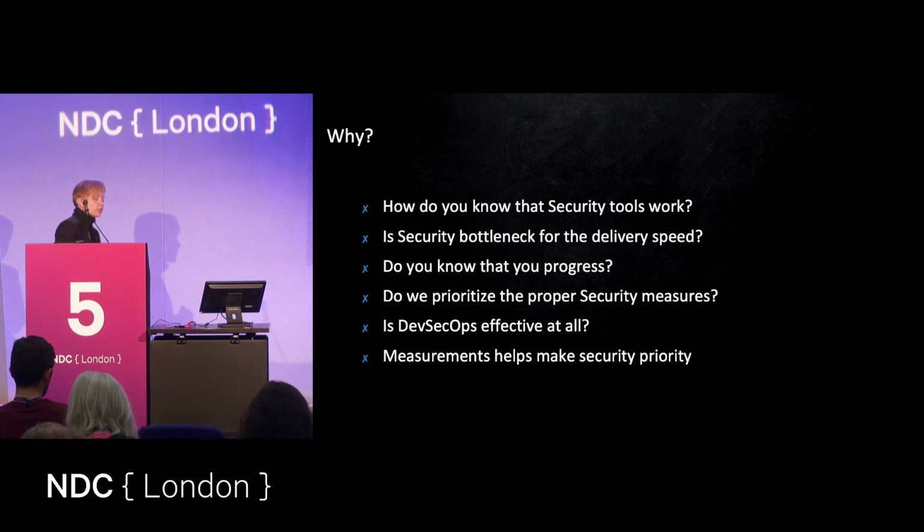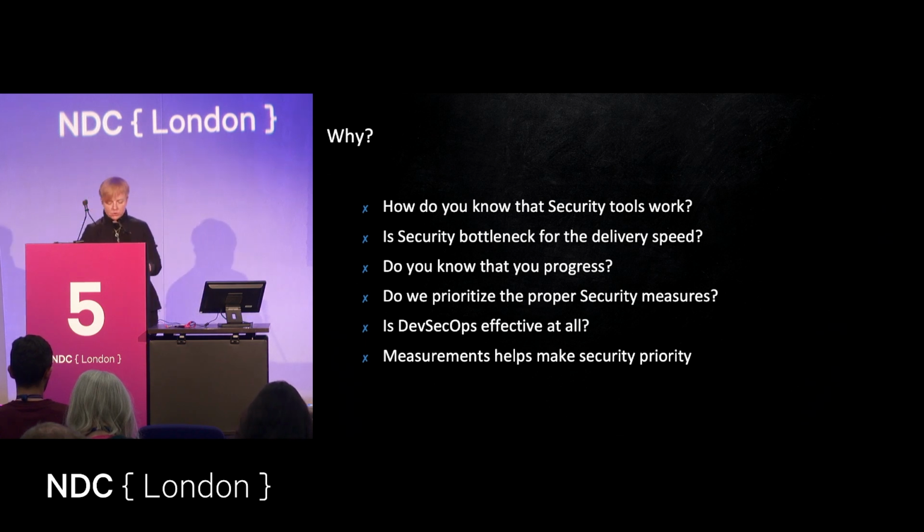And actually, measurements help make security a priority. Because you cannot just show up at your stakeholders and say, hey, I need the next sprint to be spent fully on security because it's important, we're going to improve, we are doing DevSecOps. And the stakeholders and the C-level say, can you prove it? What are the numbers? How do you progress?